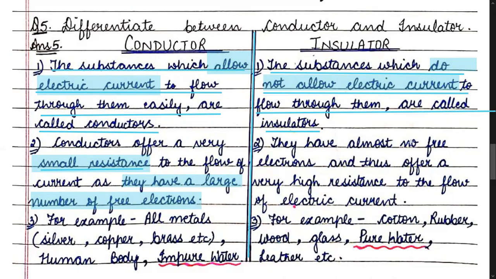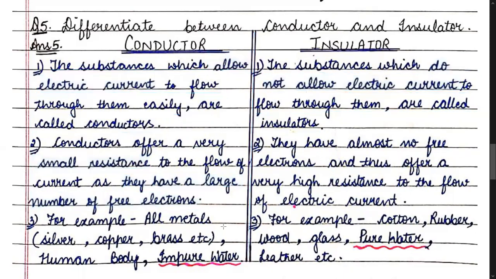While insulators have almost no free electrons and thus they offer a very high resistance to the flow of electric current. Now the third point can be the examples.